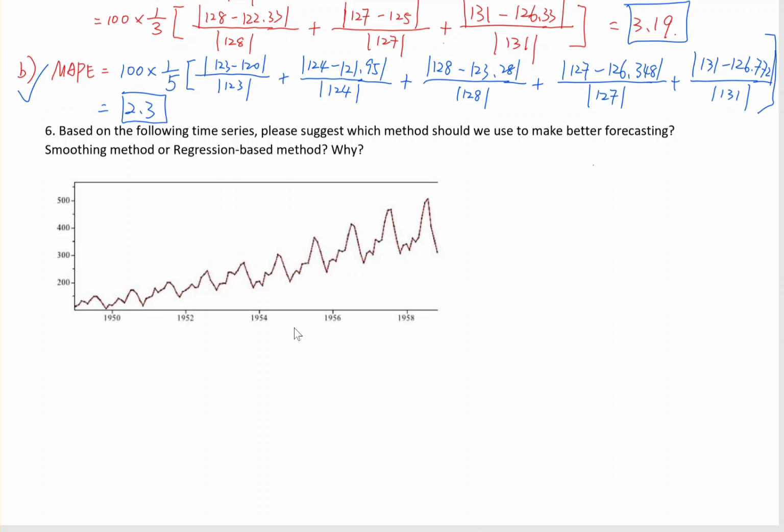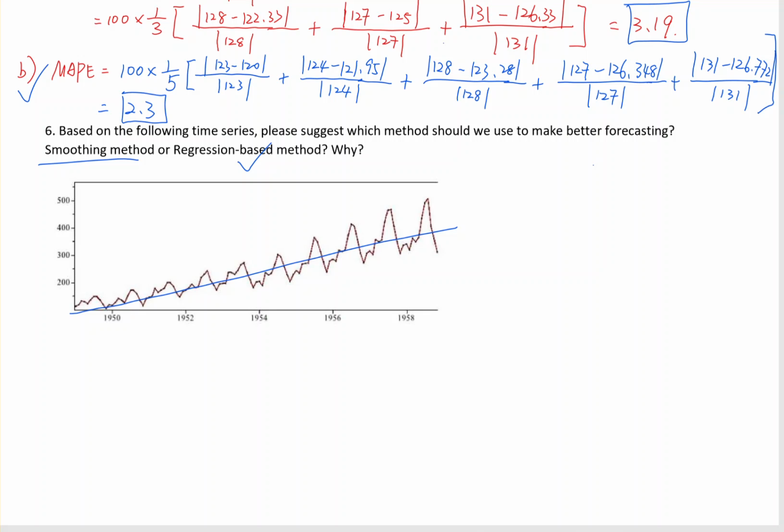We say if the time series shows a trend component, we can use the regression-based method. Because the smoothing methods are for time series that don't have a trend component or a seasonal component.